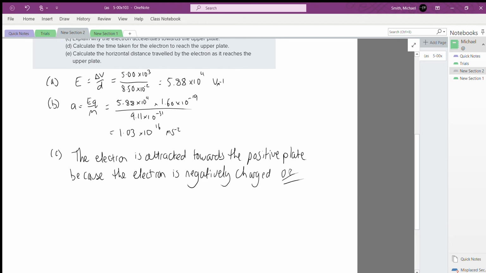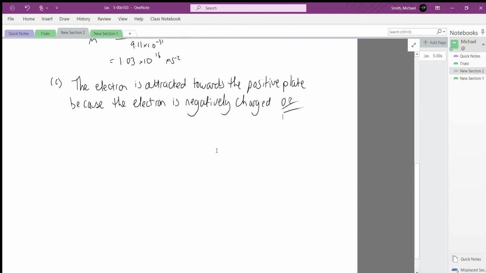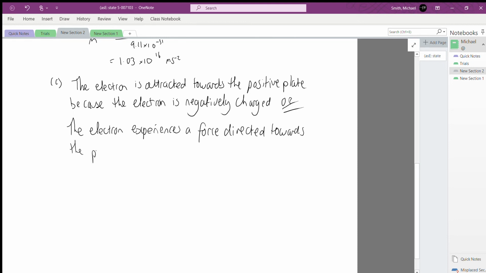Or if we think about the electric field and the forces, the electron experiences a force directed towards the positive plate due to the electric field between the plates.